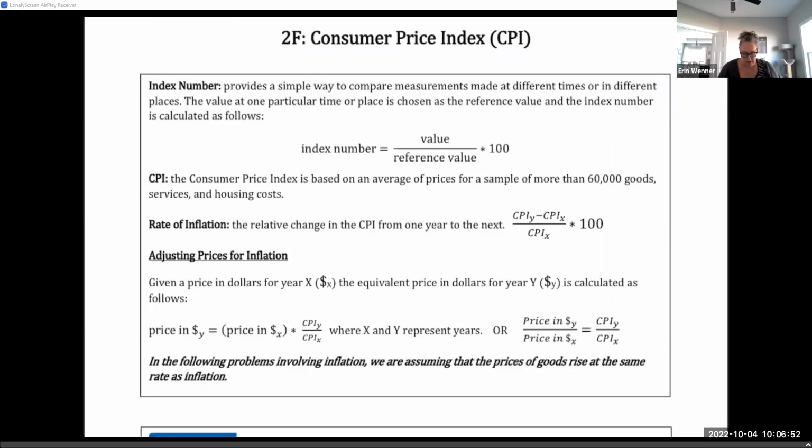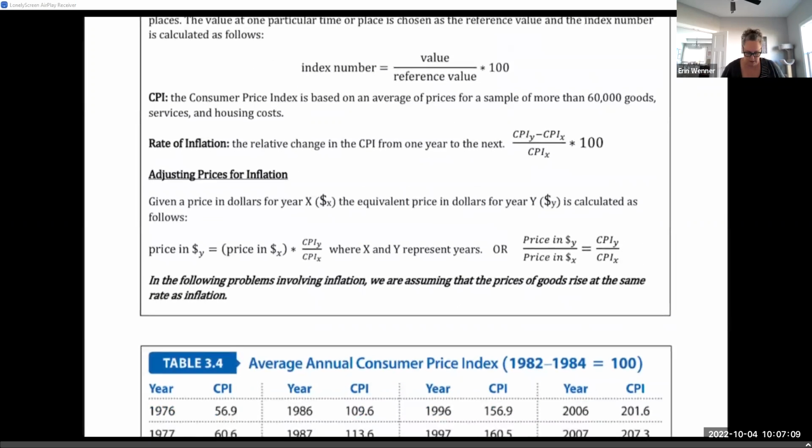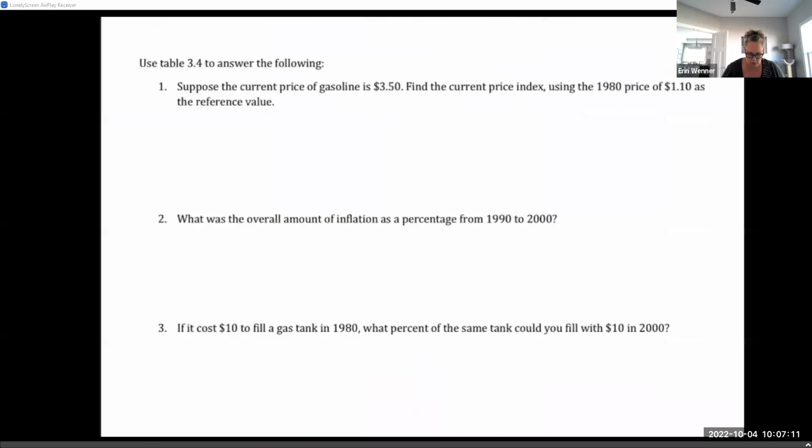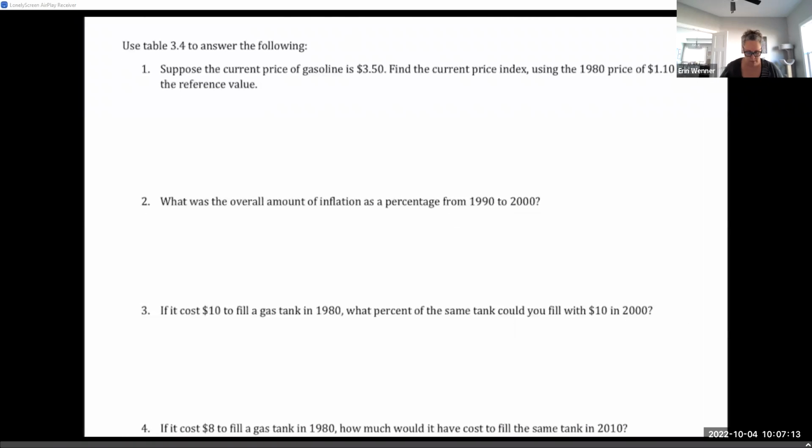And so then we've got some other calculations for rate of inflation and then adjusting prices. So before we get into too many of these calculations, I want us to try number one on the next page. So we're using the table from 3.4. We'll go back to it, but it says, suppose the current price of gasoline is $3.50.